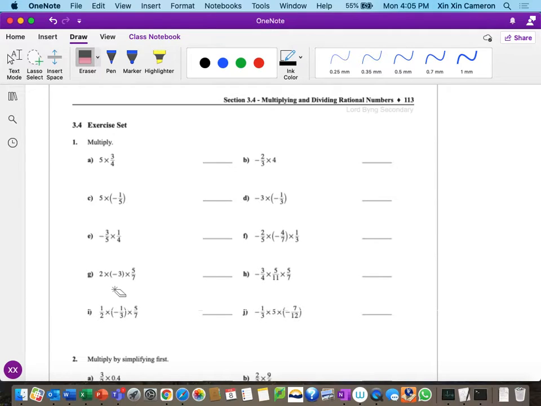One thing we do understand when we multiply is that we first want to make sure of the sign. This is a negative number multiplied by a positive number, so immediately I know this is a negative number. Before I even bother with the multiplication, I'm going to write this sign here so I don't forget. It's very easy to forget the negative sign. Now here, a negative number multiplied by a negative number gives me a positive number.